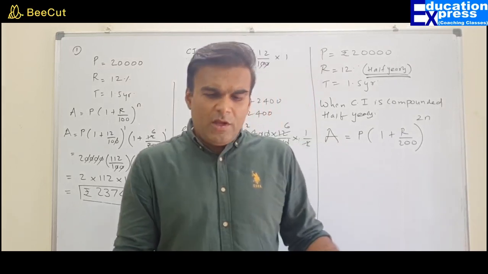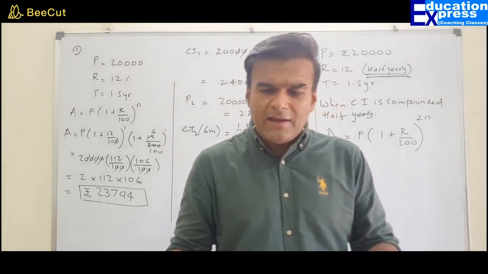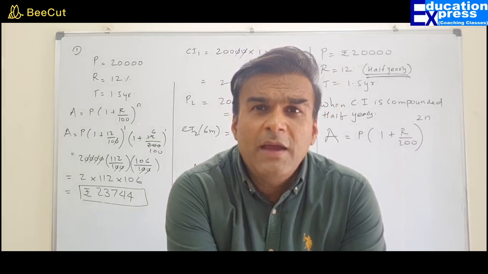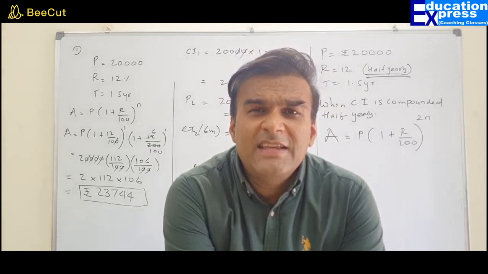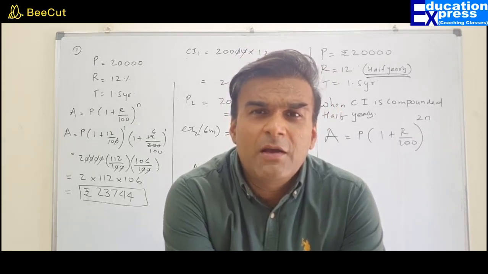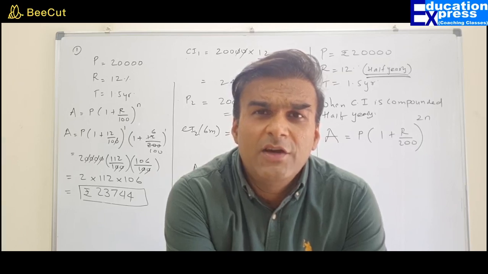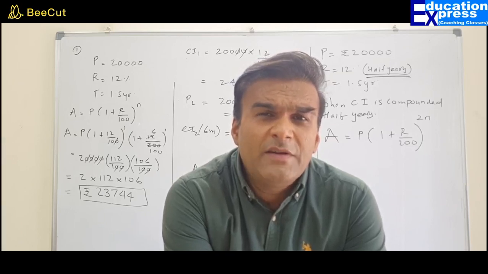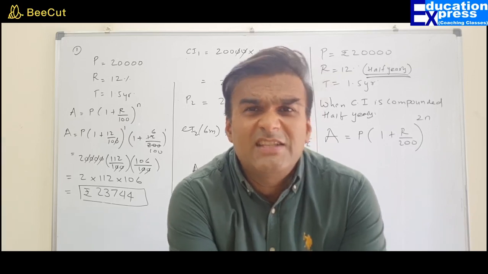Same over here. If you make a choice between the 2 banks, let us say State Bank of India and Kotak Mahindra Bank. If State Bank says, we will give you 10% compound interest every year, and Kotak Mahindra Bank says, we will give you 5% compound interest after every 6 months.